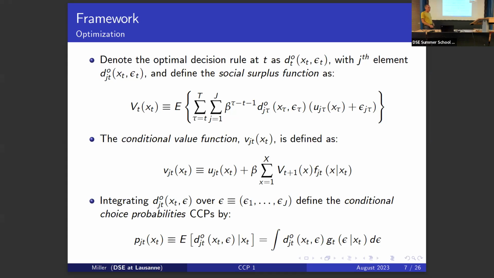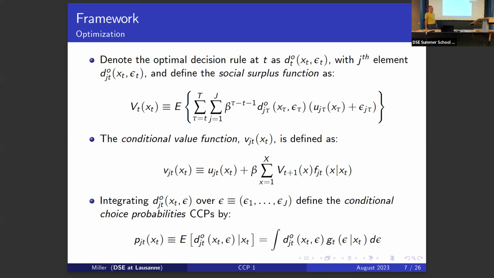So the conditional choice probability is just defined as, having solved this model for a given set of parameters, let's call that D optimal.